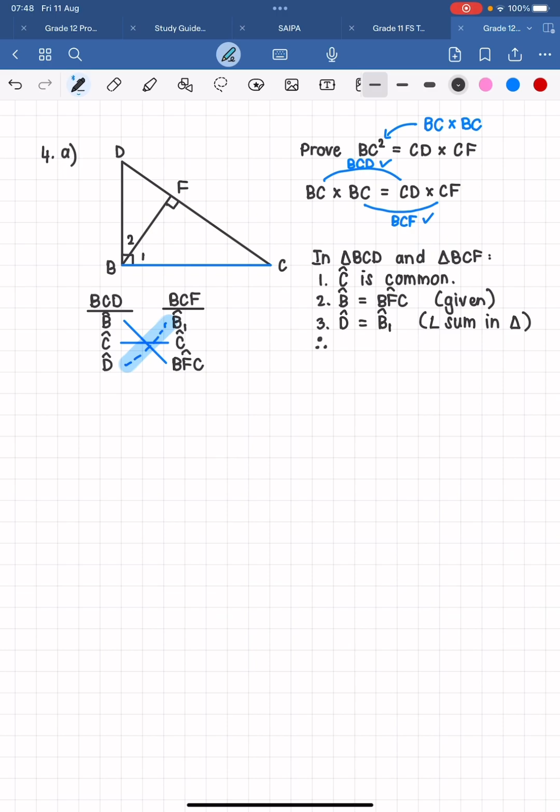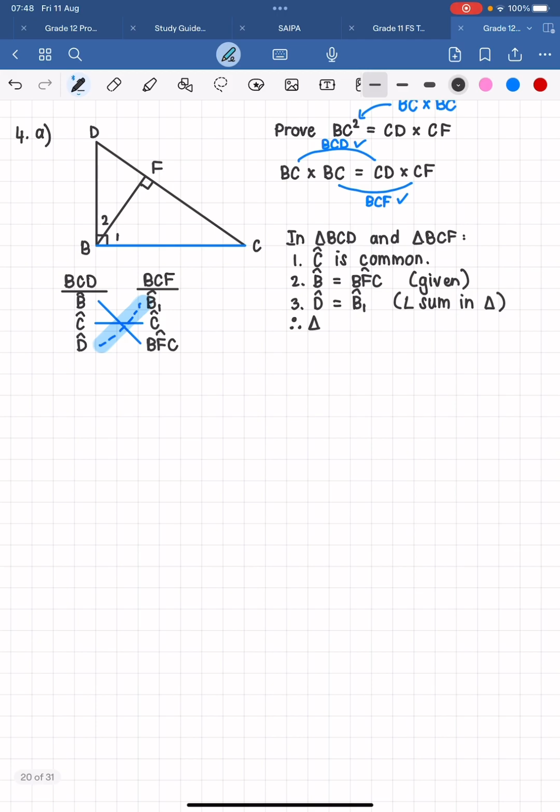Okay, therefore, triangle, and now we can use the same order that we have in our proof here, CBD. So triangle CBD is similar to triangle, and now we're going to use the same order but on the other side, CFB, and our reason is angle, angle, angle.